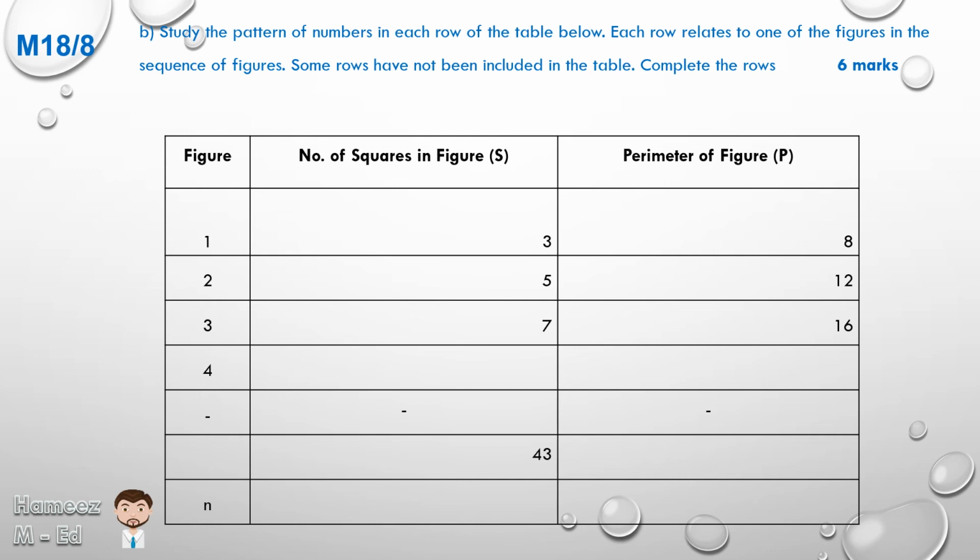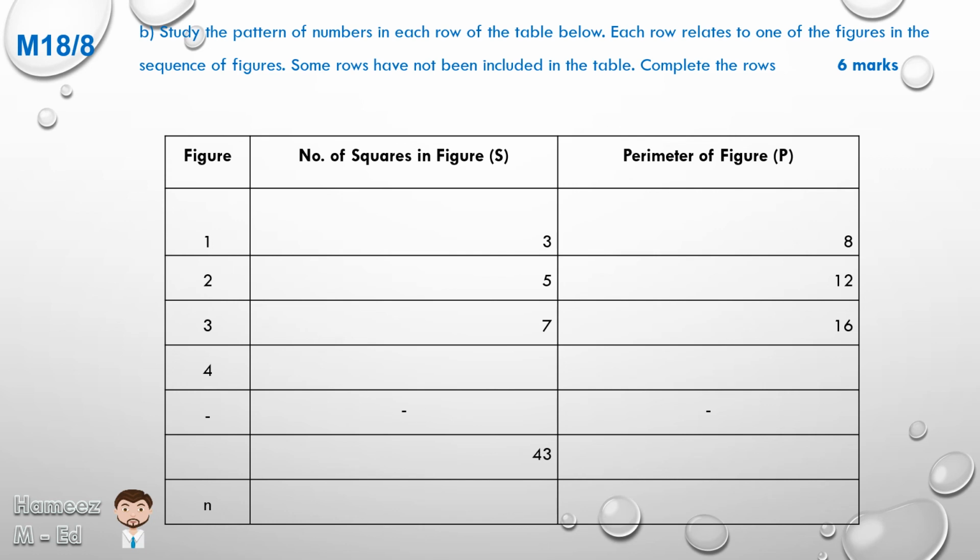We're given 3, 5, 7, and somewhere down the road, 43, for some particular figure which we need to find, and the perimeter of the figure P: 8, 12, and 16 for the first 3 figures. So we need to solve.